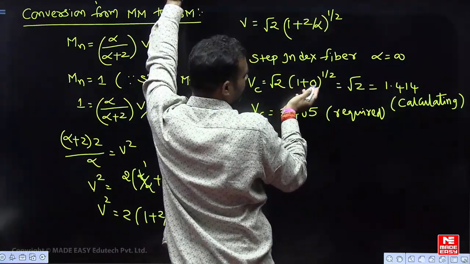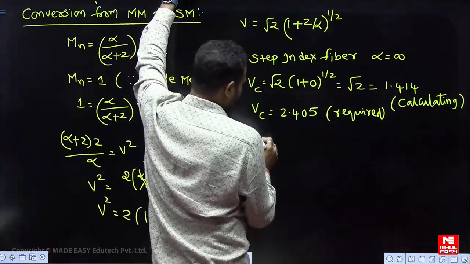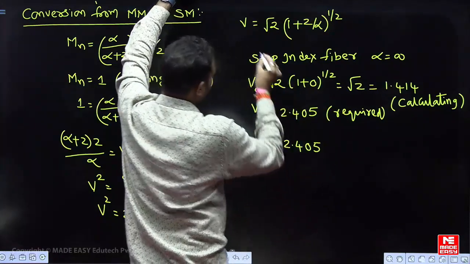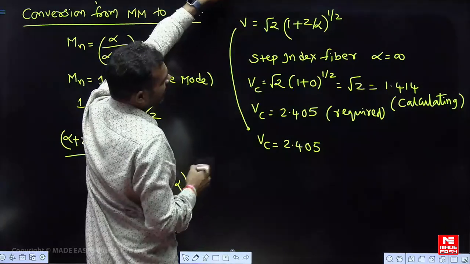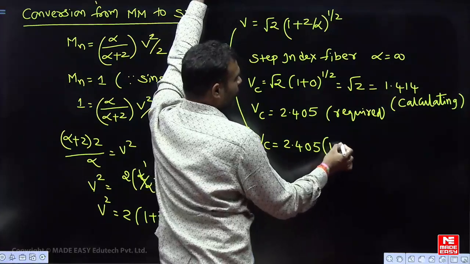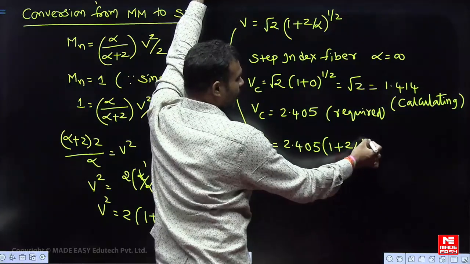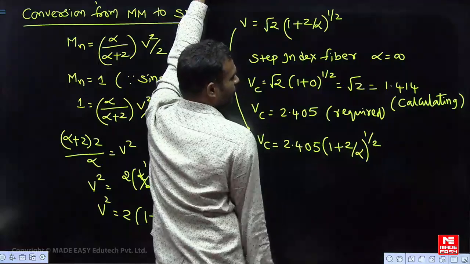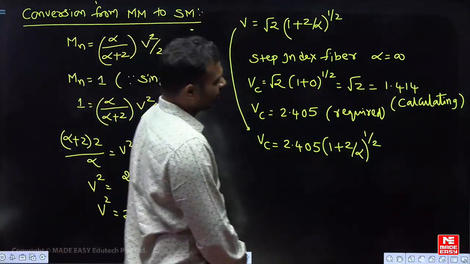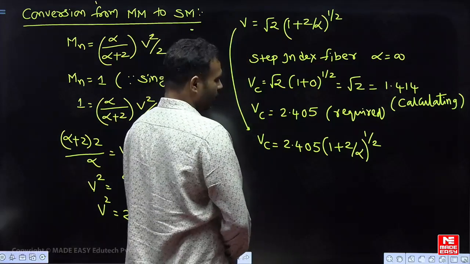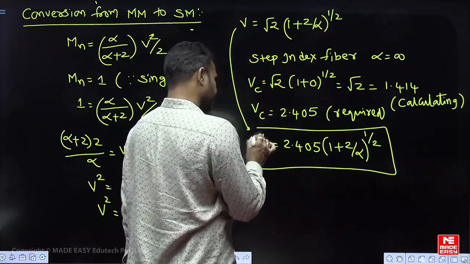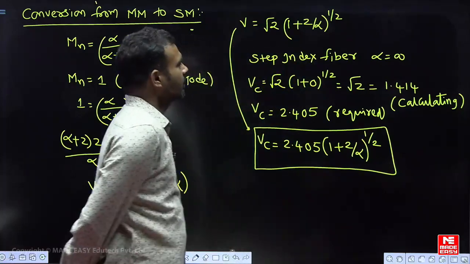Then V converts into Vc, and Vc is equal to 2.405 into 1 plus 2 by alpha, whole to the power of 1 by 2.